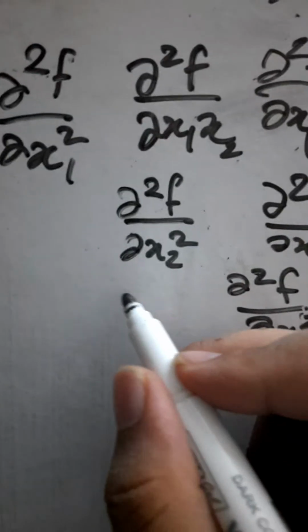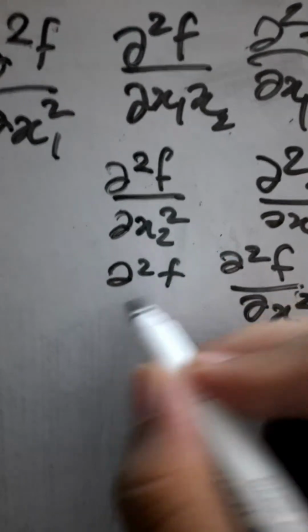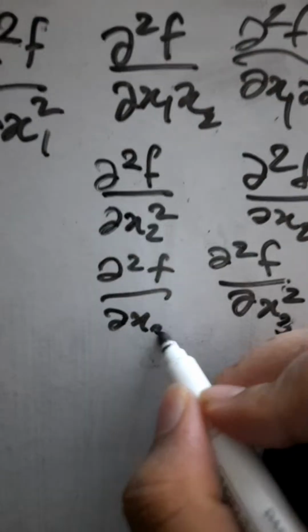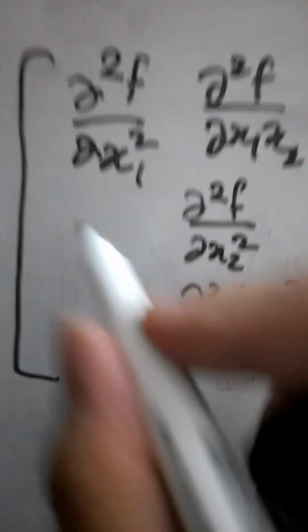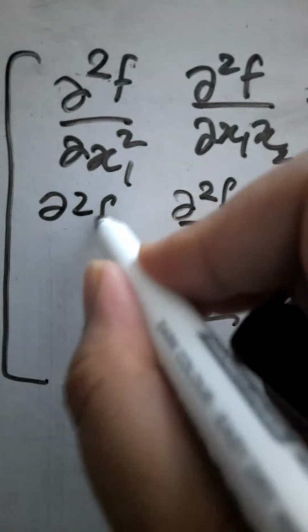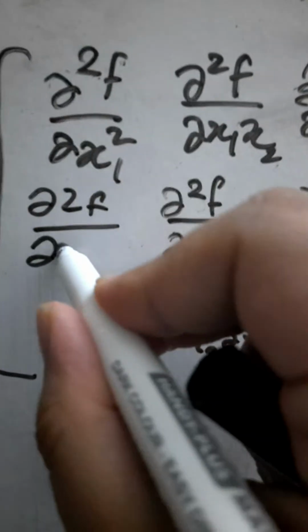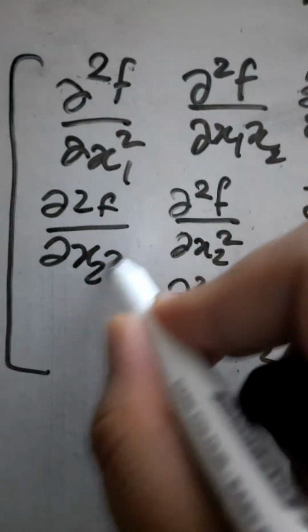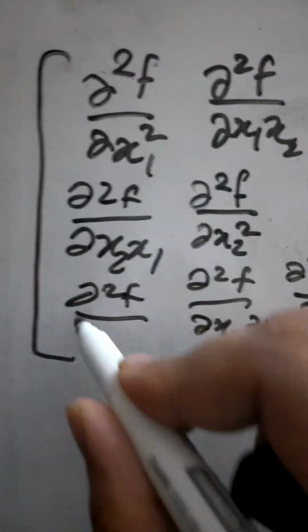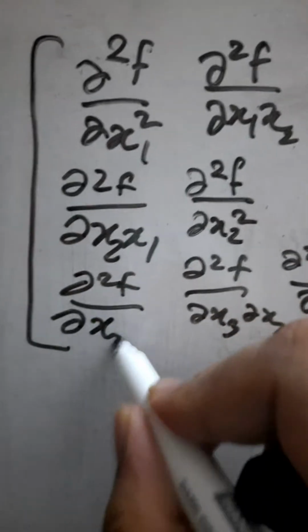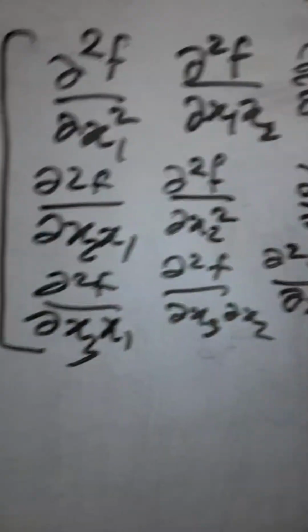This is del square f, x3, del x2. Yeah, I'm doing it right? Del square f, del x2, del x1, del square. Sorry for my sloppy handwriting, for real. So this is x3 into x1, and we are done here.